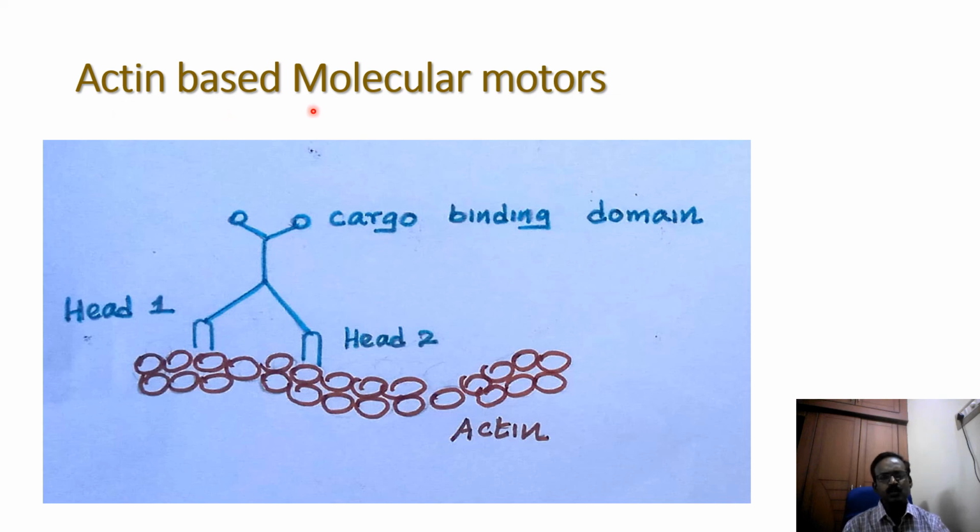Actin-based molecular motors diagram. In this diagram, the actin acts as the track for molecular motors like myosin. The myosin is attached with two heads and the cargo, carrying proteins and cell organelles from one part of the cell to another part of the cell.